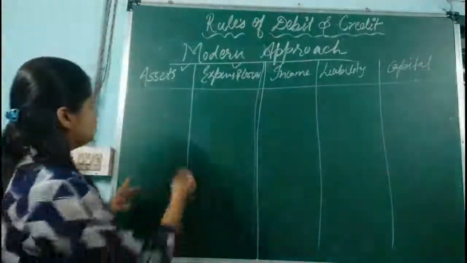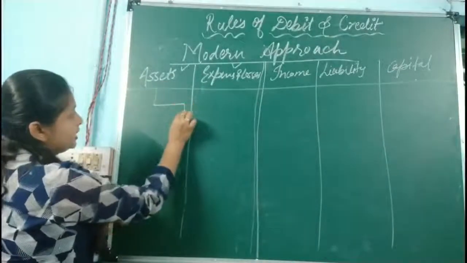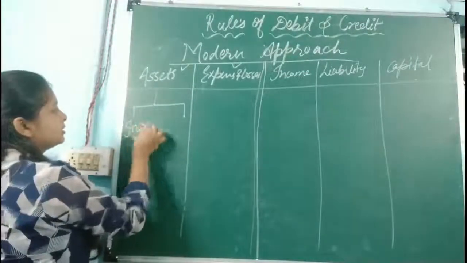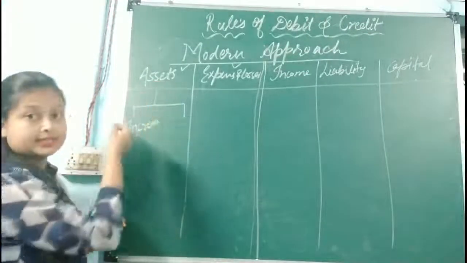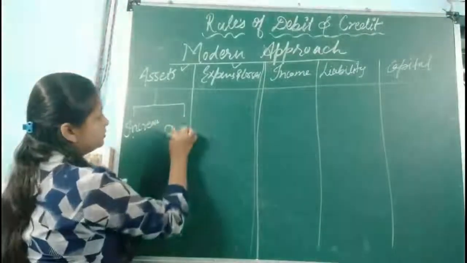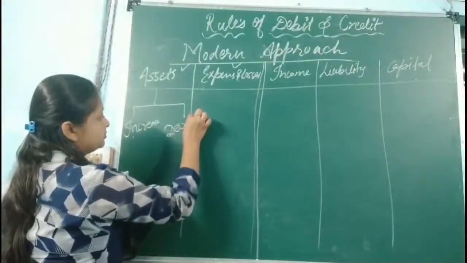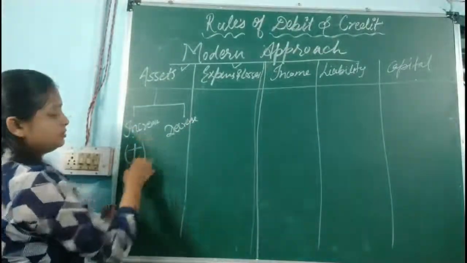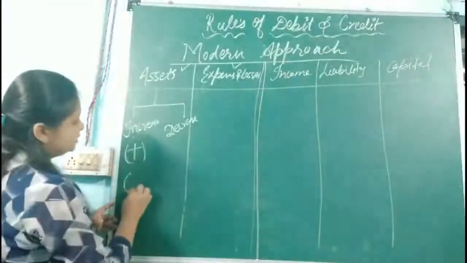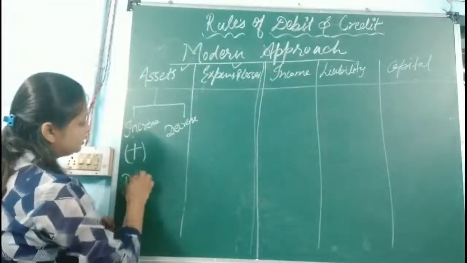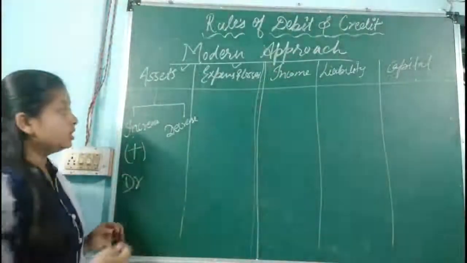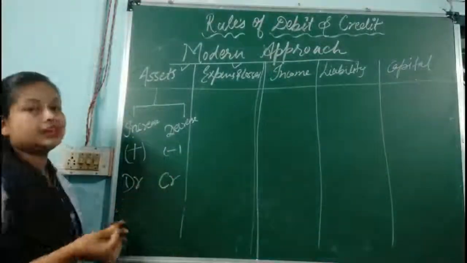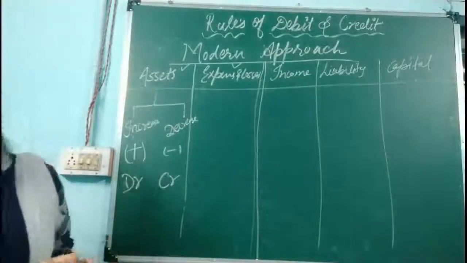Now we are going to learn that if there is an increase in asset, plus, what are we going to do? Debit. If there is a decrease in asset, the rule says that we have to do the credit.